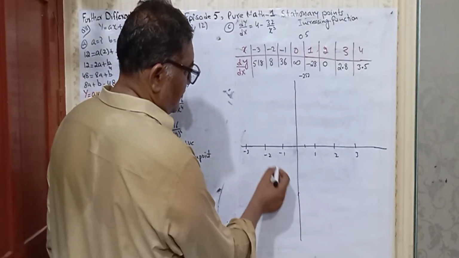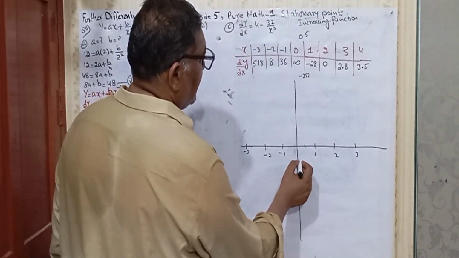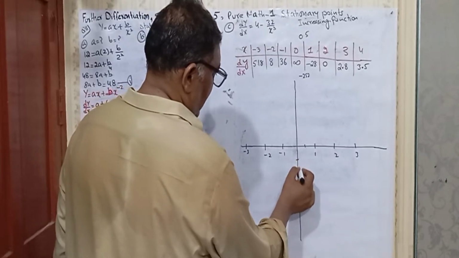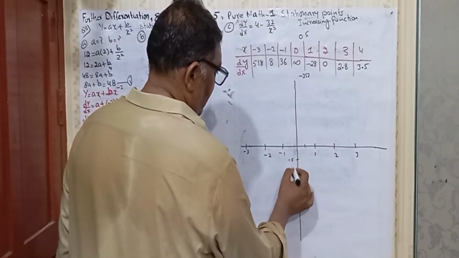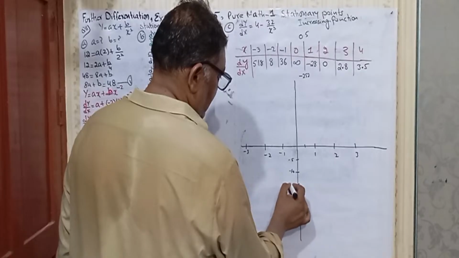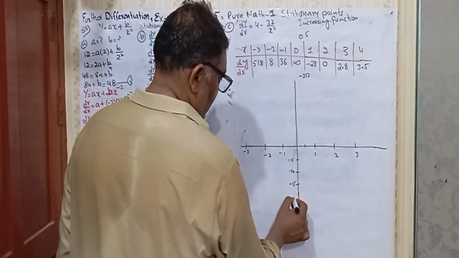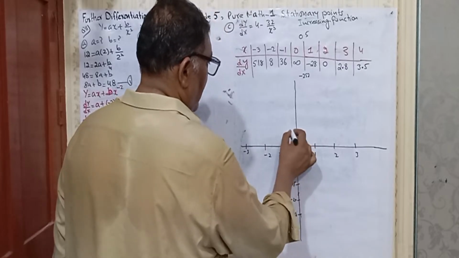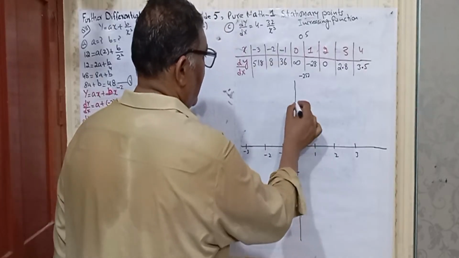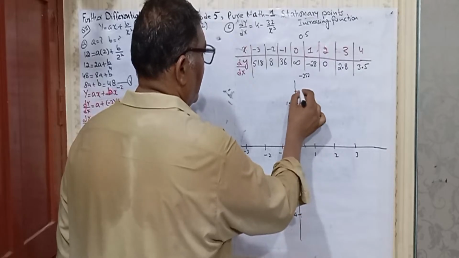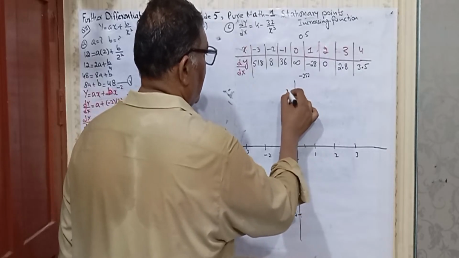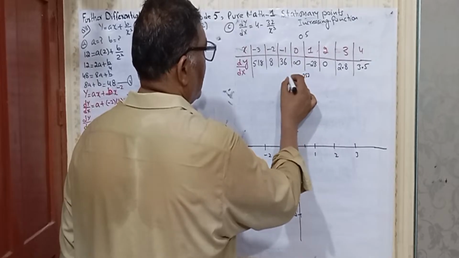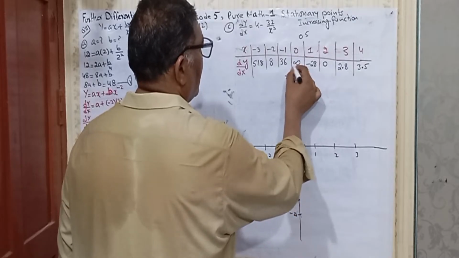Suppose this axis is 5, 10, 15, 20, 25, and here 28.